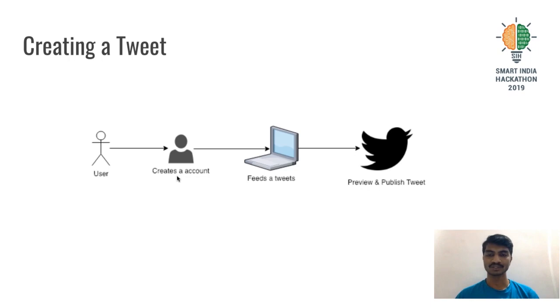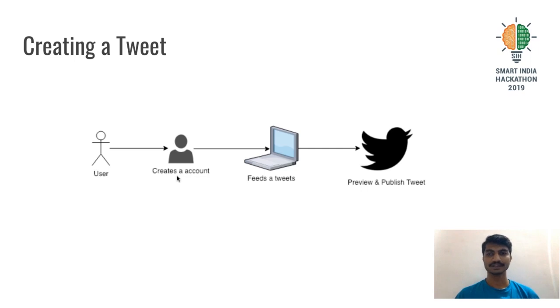Something like user comes in, creates an account, and then feeds a tweet, and then previews and publishes the tweet. In the real world it may be more complex, but it will be very helpful for us to understand and take the best path out of it. This is most important when we are designing the UI part of our applications.